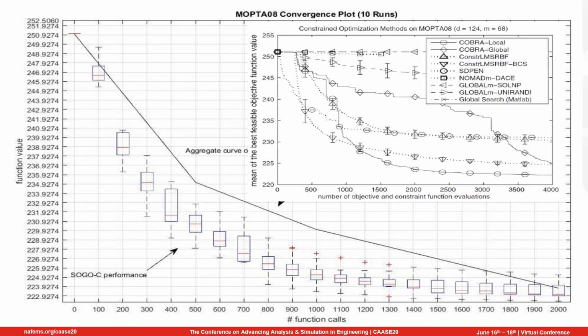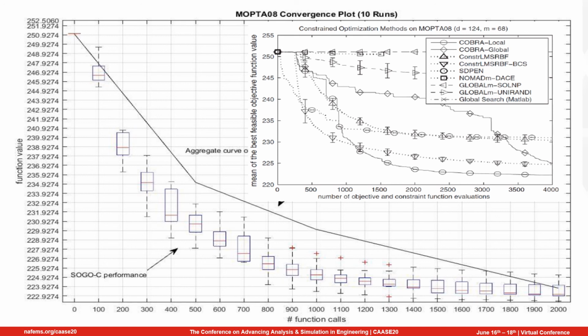And this problem is run 10 times with Oasis. And here the results are presented as candlesticks. So we have the maximum, minimum and the median value. And this problem has a simulation budget of 2,000 simulation calls.